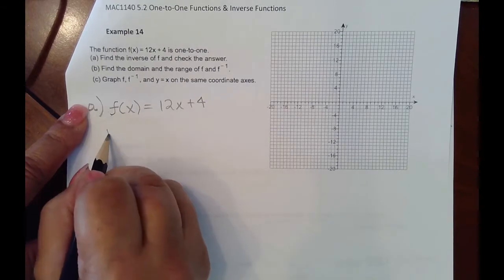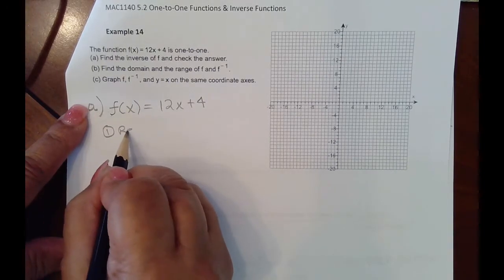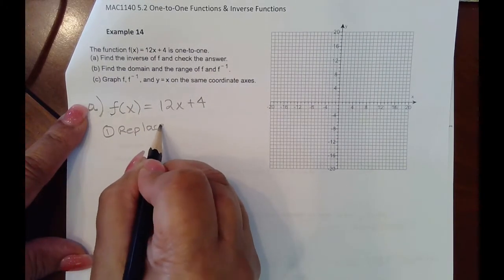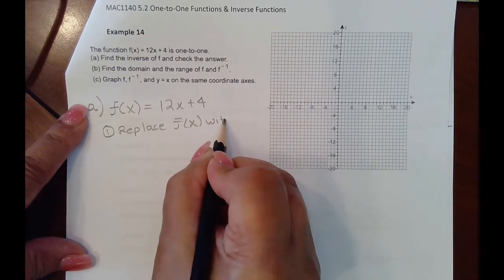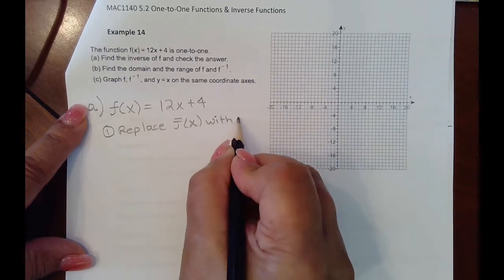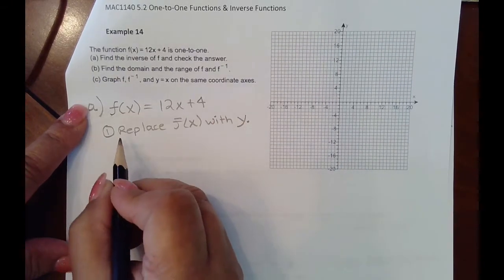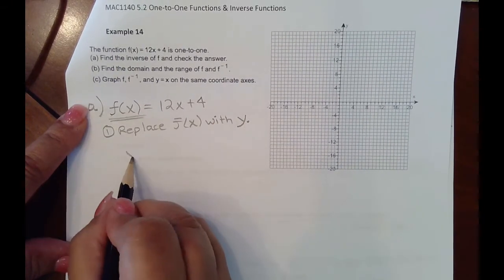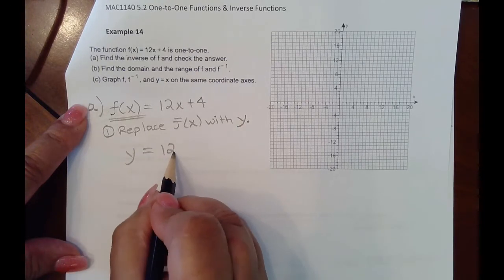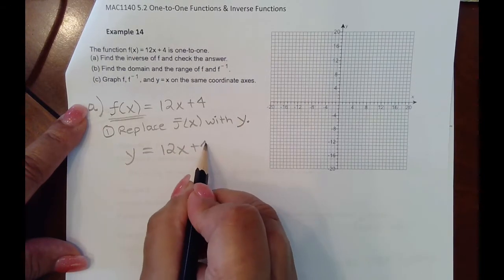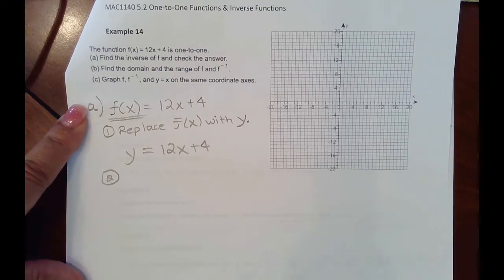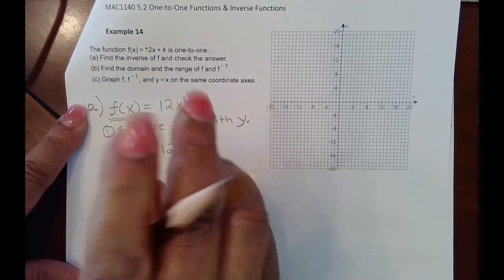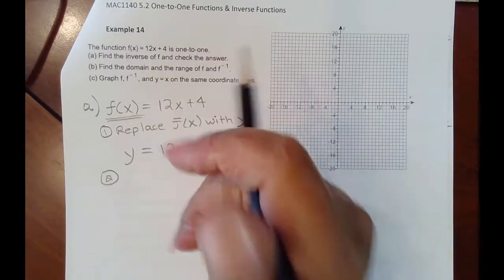Step 1 is to replace the f of x notation with y. You need just a plain x and a plain y. So doing that, we're going to replace this with y and copy the right-hand side of the equation. Step 2: we're taking a single function and finding its inverse, so switch the x and the y.